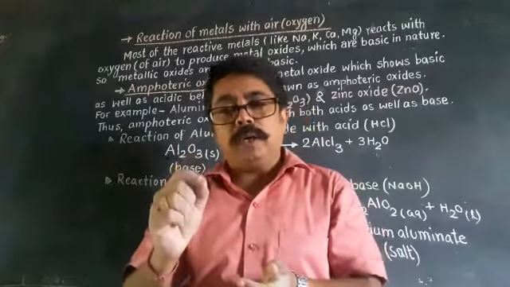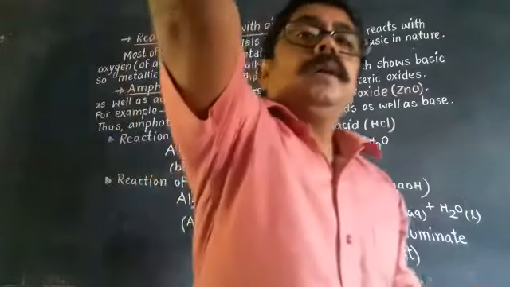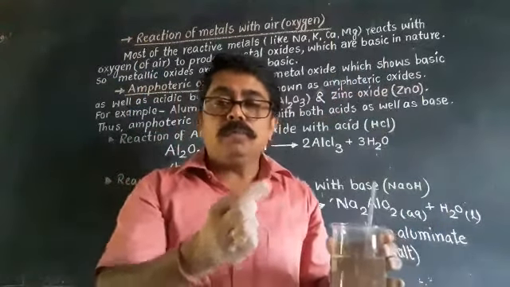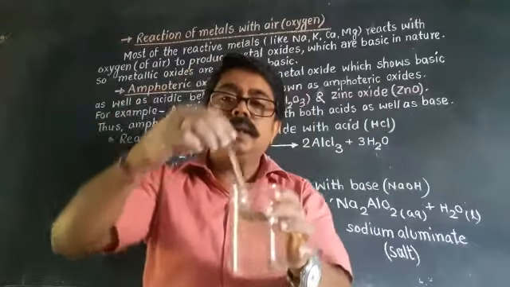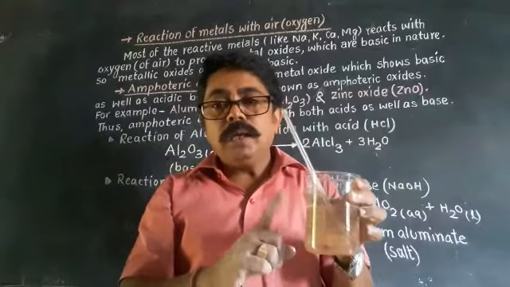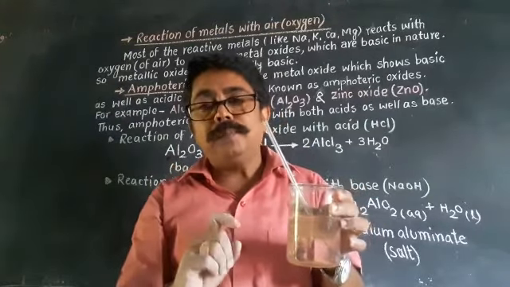When these oxides are dissolved in water, let us suppose we have a metallic oxide in powder form. The ash left after burning, you dissolve it in water, in this way let us prepare a solution. This solution is an aqueous solution of metallic oxide.